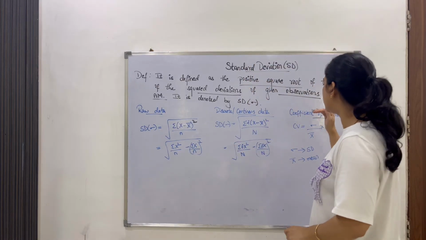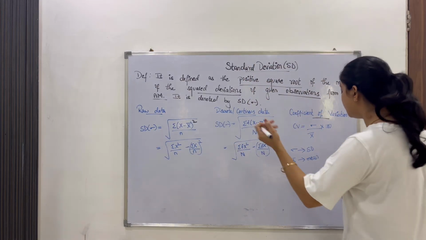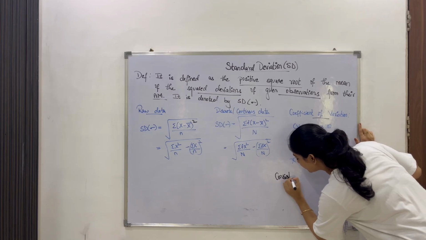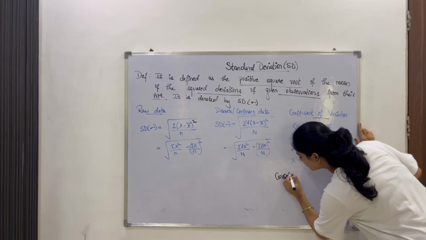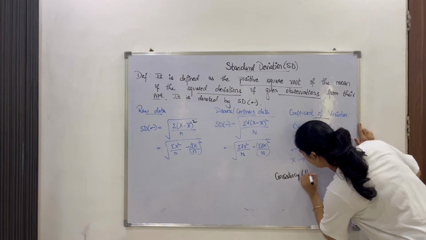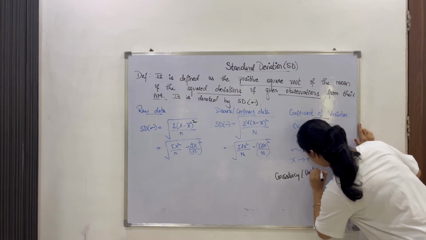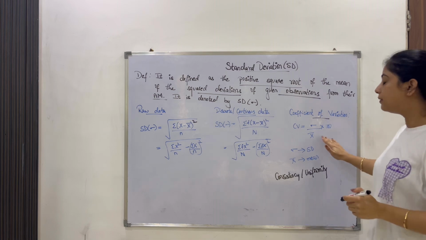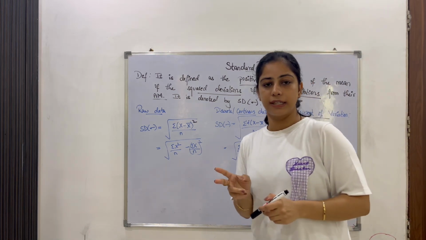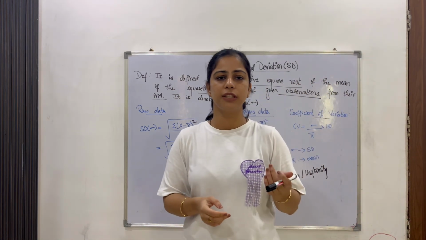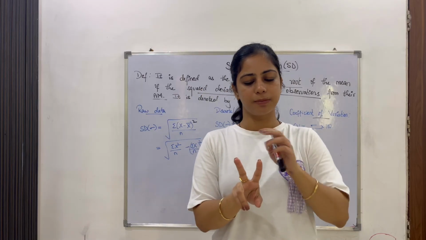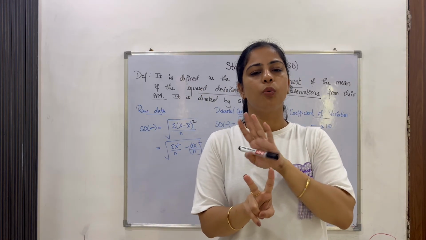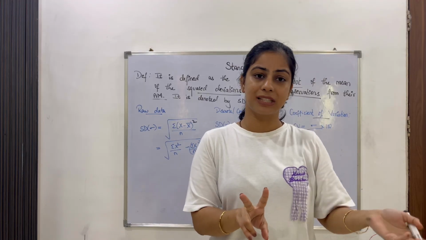Now, in coefficient of variation, they will use the terms consistency or uniformity. Basically, two data sets will be given to us, maybe a product A and a product B, and we need to compare and tell which is more consistent and which is less consistent.